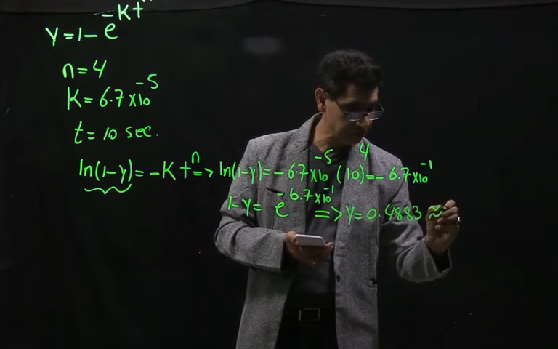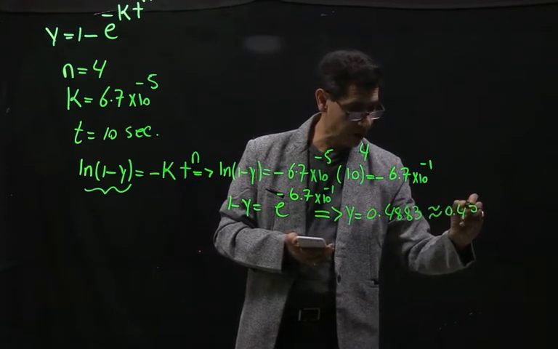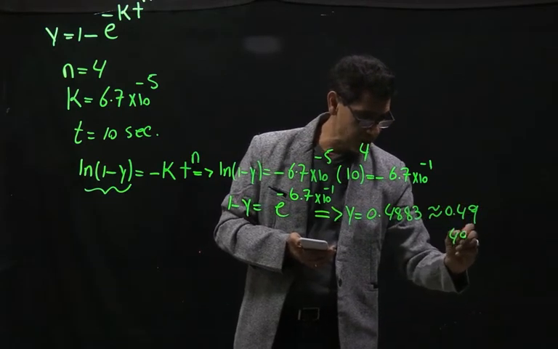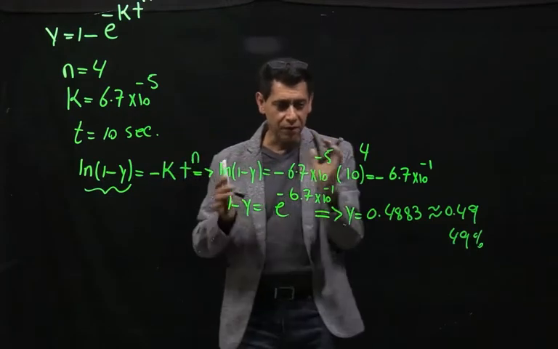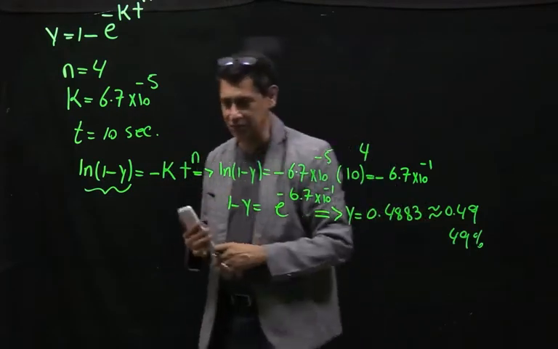I would say roughly around 0.49, or 49% of the reaction is completed. Well, it's kind of ironic. It's almost half the reaction is completed.